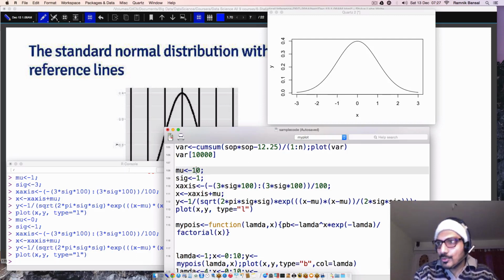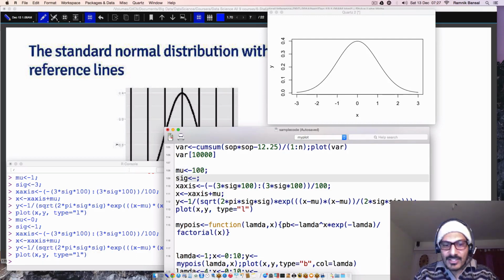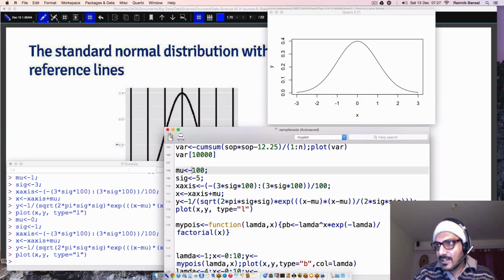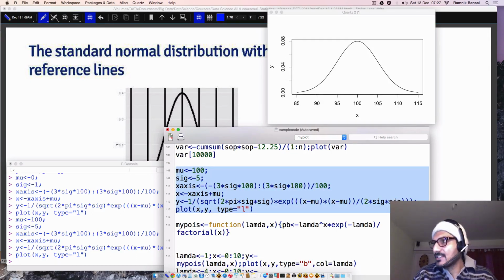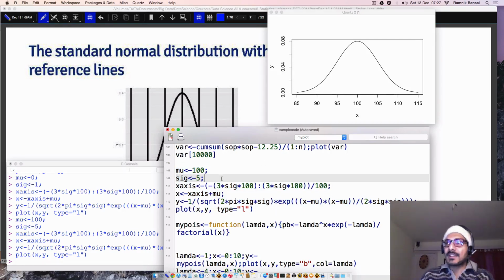Let's just do it one more time. I give a huge mu to it. I give a mu which is 100, and then I give a sigma which is say 5. All right, and let's plot it. Do you notice? So now these values are shifting from 85 to 115, and here it is all the way 0 to 0.08 only, but the graph stays the same. Is it very clear? This is an important concept, that actually everything is standard distribution.